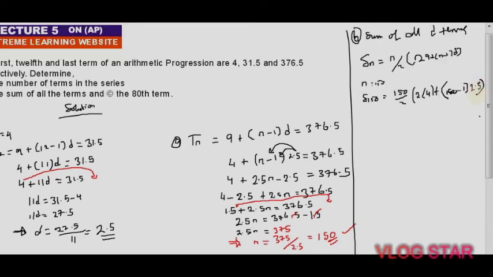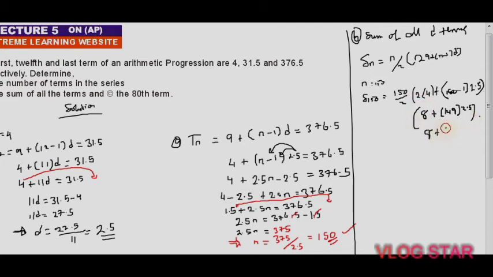So now let's work it out down here. Now here we'll have 2 times 4 is 8 plus this. Now 150 minus 1 is 149. 149 multiplied by 2.5 now. So let's close this bracket here.